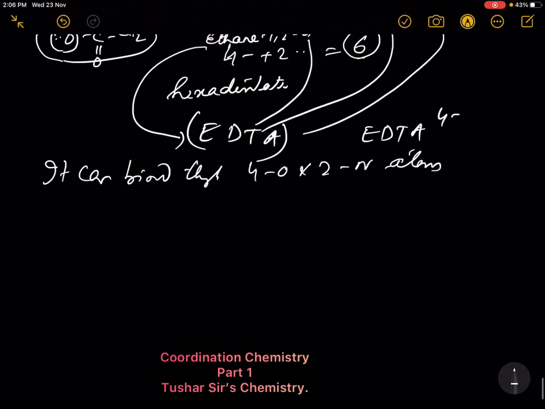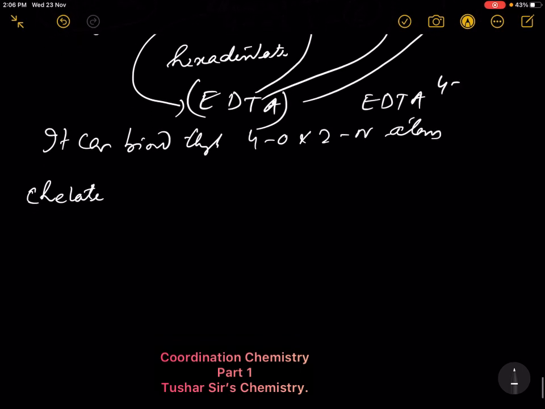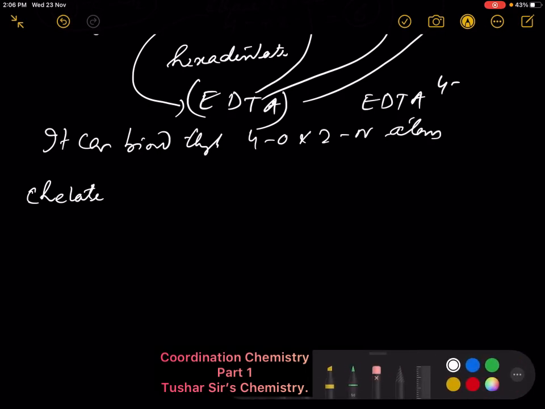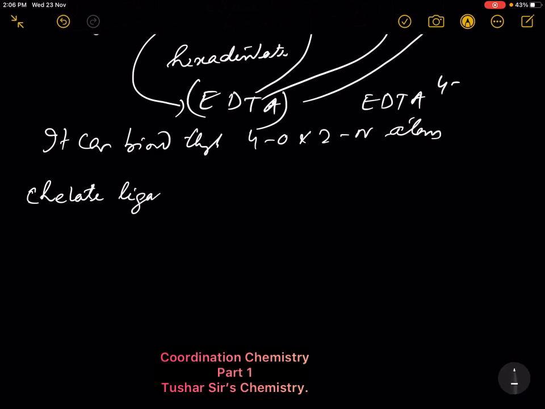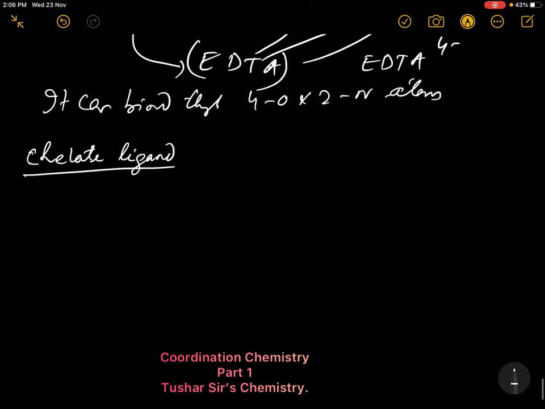Then chelate ligand. You see, chelate means a ring structure.